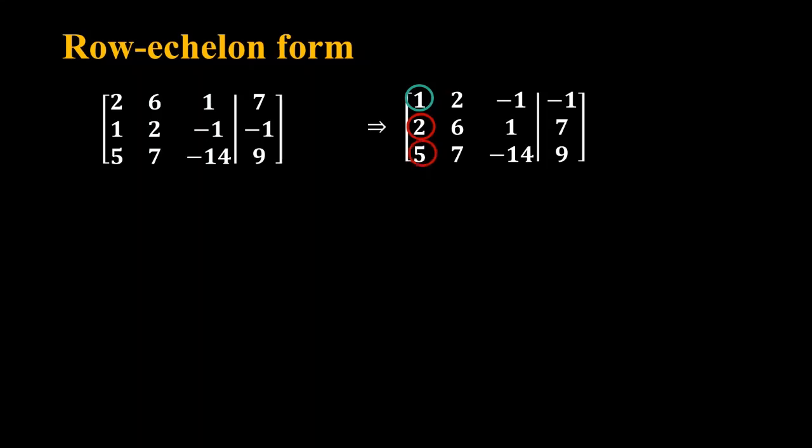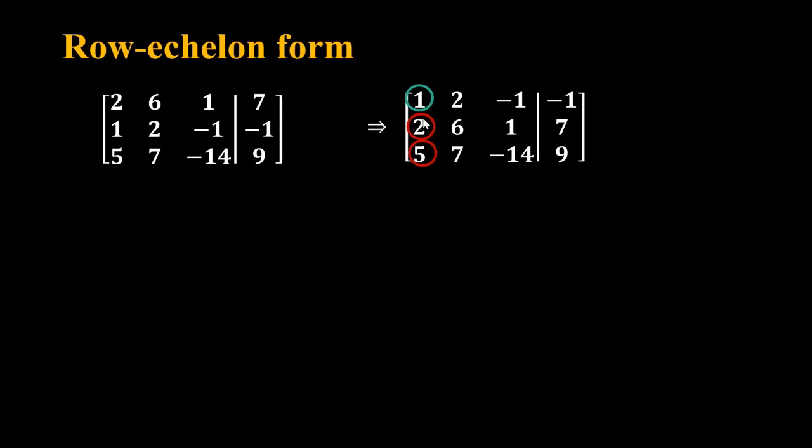We want to make these 1, but the problem is that in consecutive non-zero rows, the first entry 1 in the lower row should appear to the right of the 1 in the higher row.